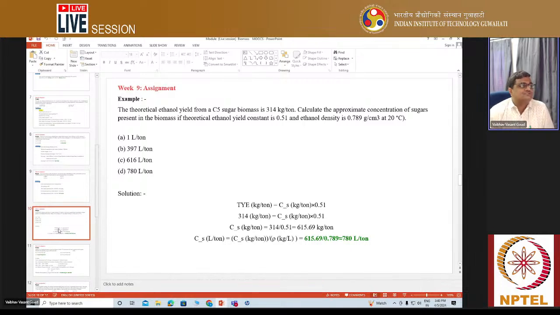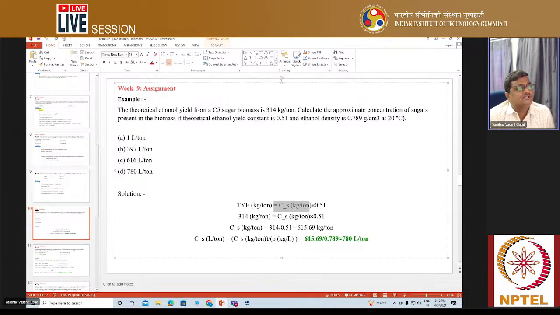Why? Because the theoretical ethanol yield is nothing but the concentration of that particular sugar, as it is C5 sugar here, into the constant of theoretical ethanol yield, that is 0.51. Now this value we know, that is the theoretical ethanol yield is 314 kilogram per ton. This concentration we need to calculate because this constant also is given in the example, right?